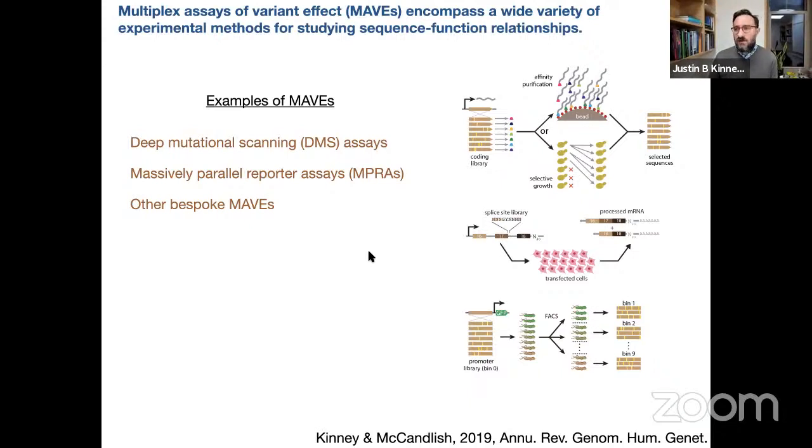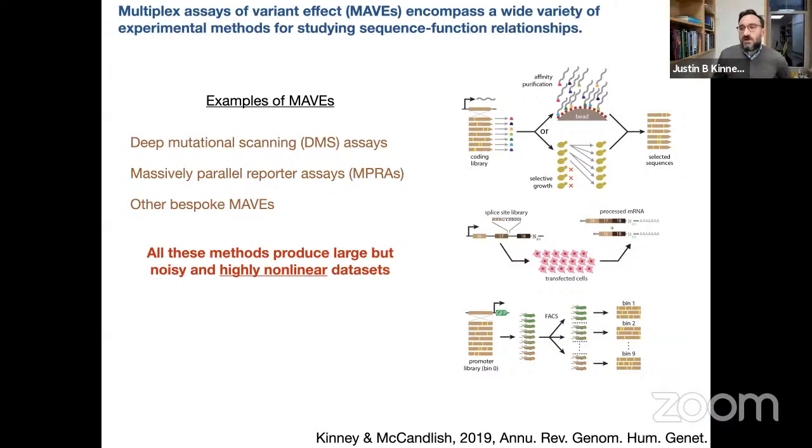So despite the vast diversity in both the set of sequences that MAVEs are used to study, as well as the set of experimental outputs, they do share something in common, which is that almost all of these methods produce large but noisy and actually very highly nonlinear data sets.